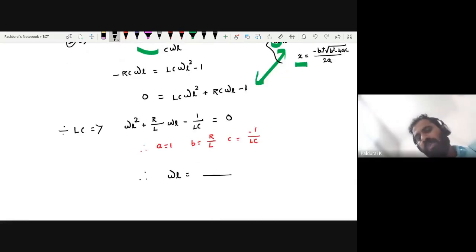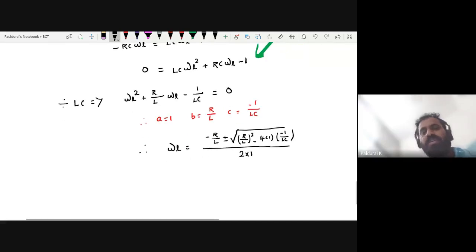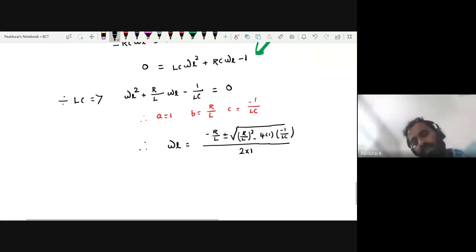X equals minus B, minus R by L, plus or minus square root of B squared, where B is R by L, minus 4AC, 4 times A equal to 1, C equal to minus 1 by LC, divided by 2A, where A equals 1. So therefore, what is my omega L?